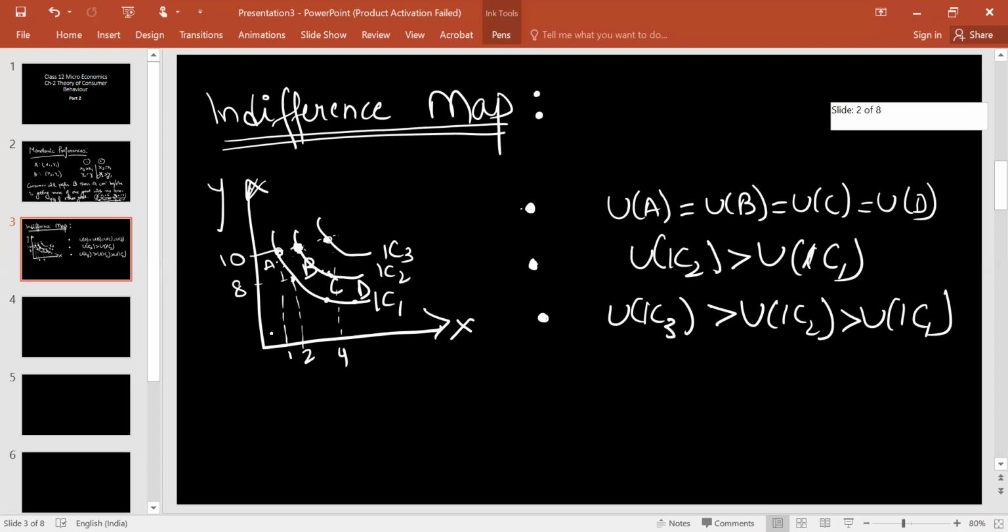Now, if I draw a line over here, the curve will go from left to right, and this curve will go from left to right.